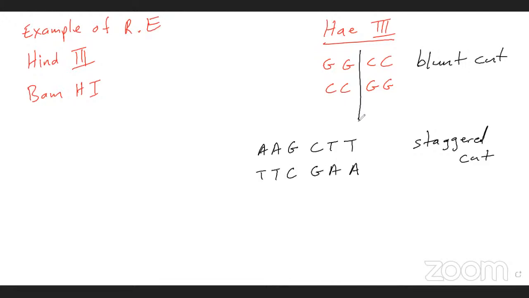With the staggered cut now, it won't go straight through the DNA strand like the blunt cut. So for BamHI, let me see if it was BamHI that did this. Now HindIII will do this.